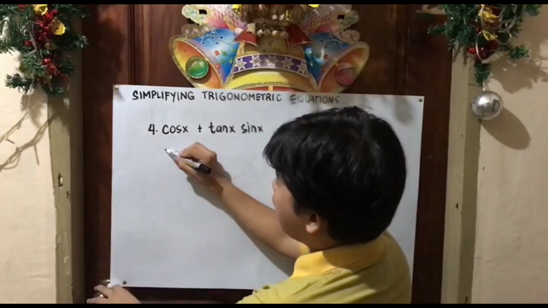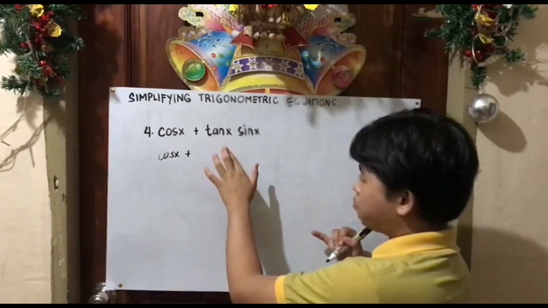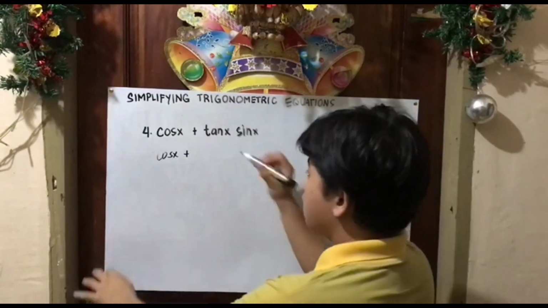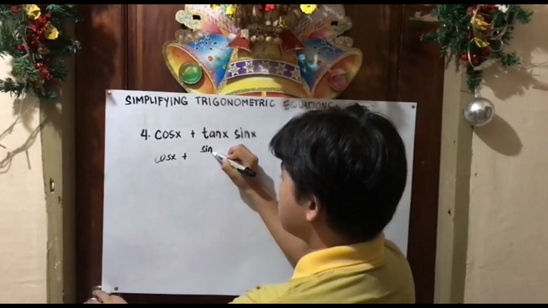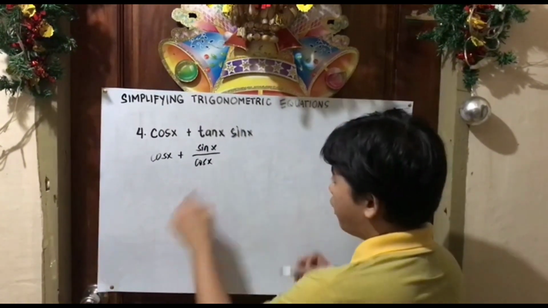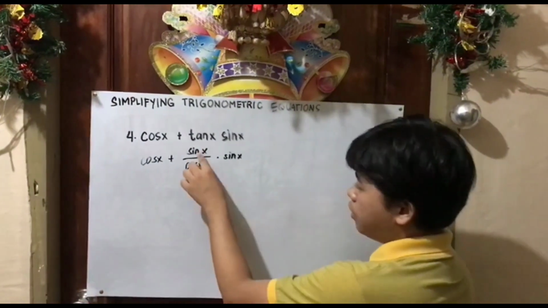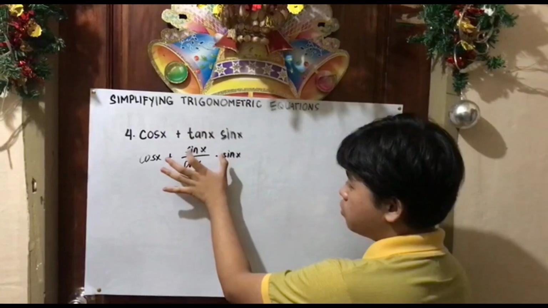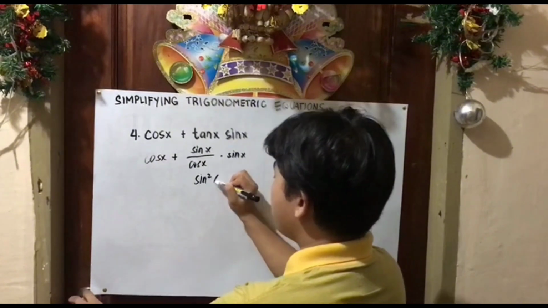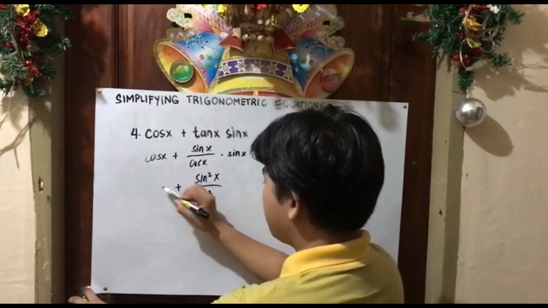So we copy cosine x plus, the conversion of tan x is equal to sine x over cosine x, times sine x. Multiplying sine x times sine x, we have sine squared x over cosine x.